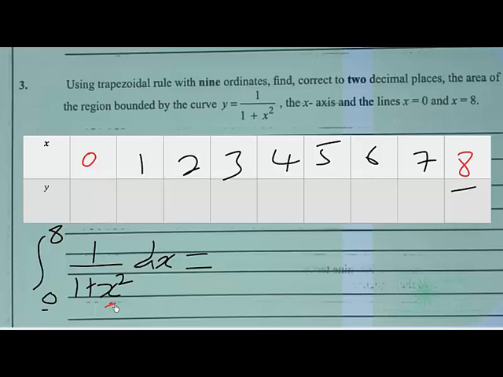If I square 0, I get 0. Add it to 1, 1 divided by 1 is 1. Now I put 1 here. I square 1, I get 1. Add it to 1, you get 2. So 1 over 2 here. I square 2, I get 4 plus 1, 5. So I get 1 over 5 here.